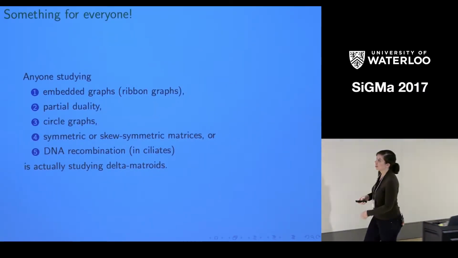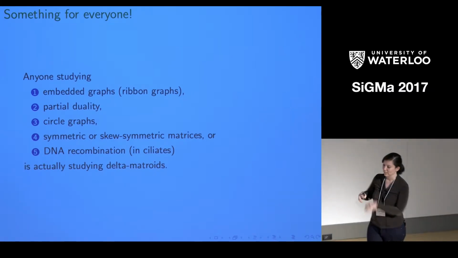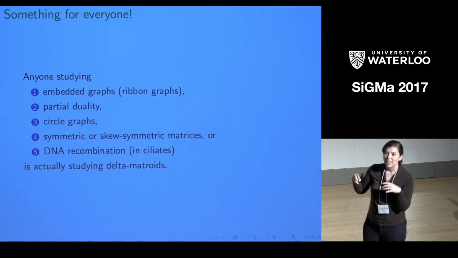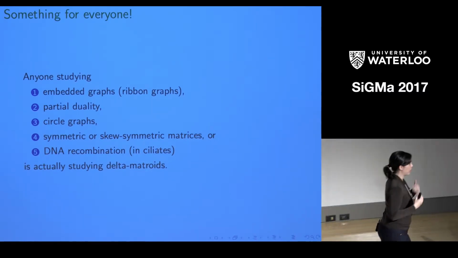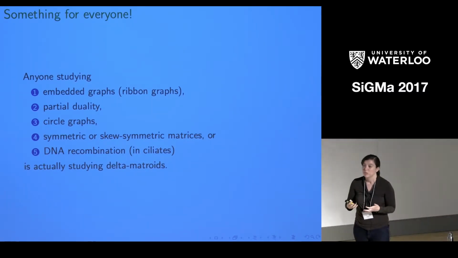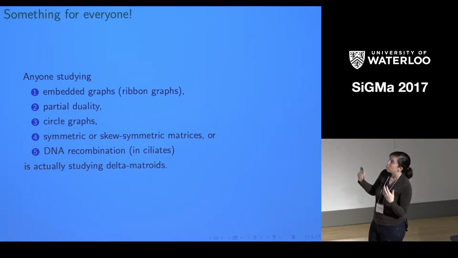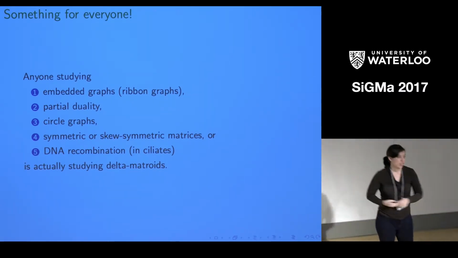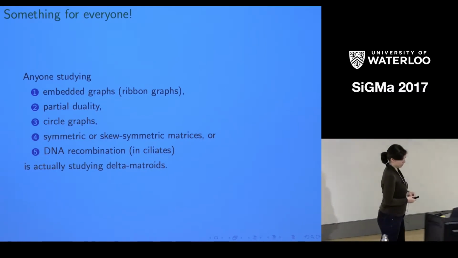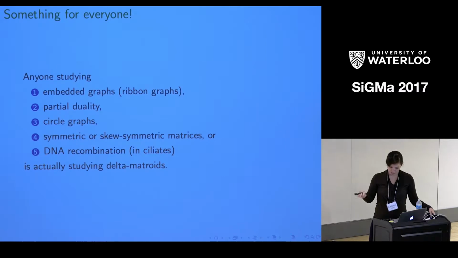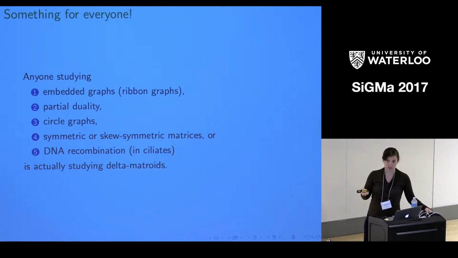At the last of these conferences, I talked about how delta-matroids have something for everyone. They sneak in unexpected ways. You may find yourself studying delta-matroid theory without realizing it. If you're interested in embedded graphs, or partial duality, circle graphs, symmetric or skew-symmetric matrices, or it pops up in DNA recombination in ciliates, then you're going to be interested in delta-matroid theory.